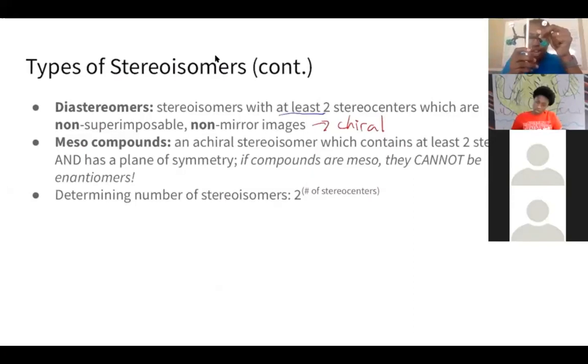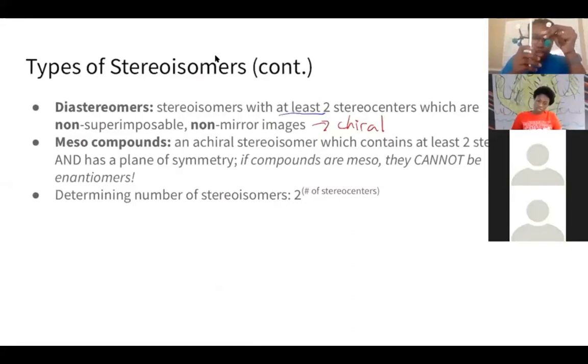So unlike your hand, this molecule has a plane of symmetry, even though it has 2 stereocenters, 2 chiral carbons. This is an example of what we mean when we say that chiral centers or stereocenters are not necessary or sufficient for chirality, because this molecule is achiral due to the plane of symmetry that it has.